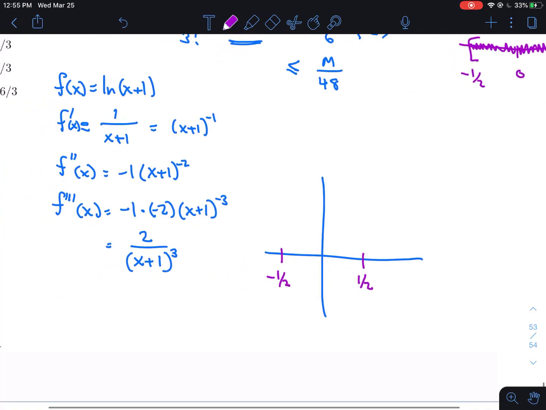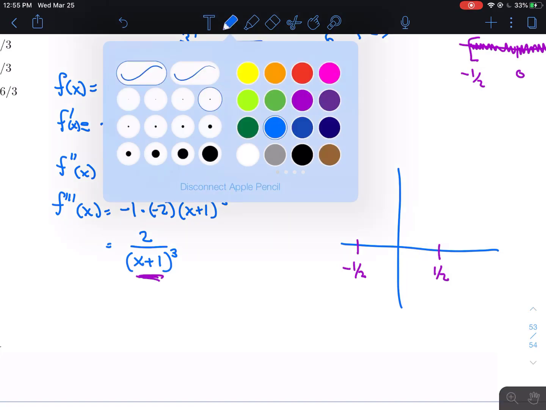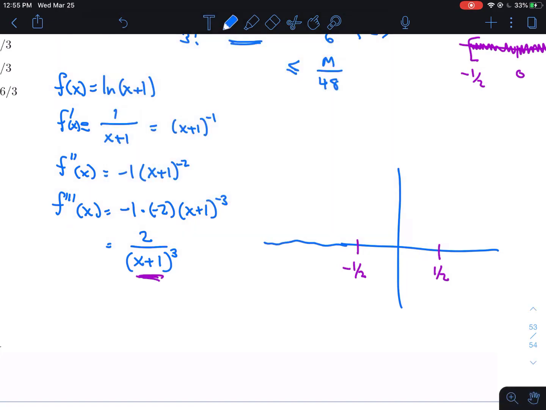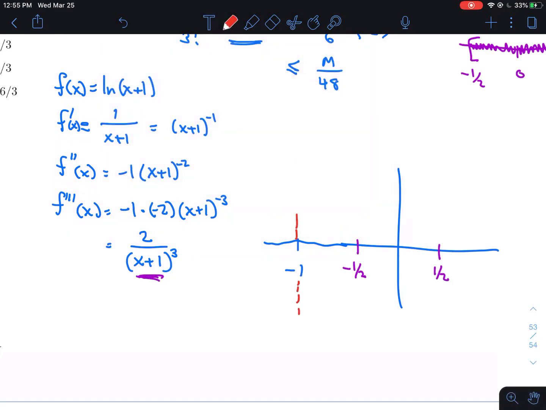So now I need to do a small sketch for this function here. And let me move this over because I know there's an asymptote at x equal to negative 1. So if I was to extend this way right here, at negative 1 there's going to be an asymptote. Otherwise this looks kind of like the standard reciprocal function, but it's more extreme because we have this cubed going on here.